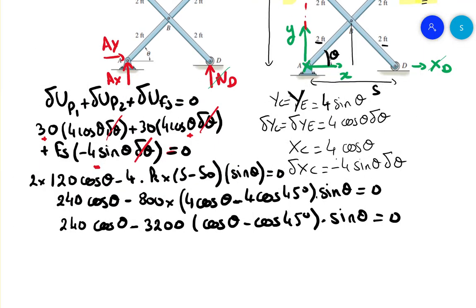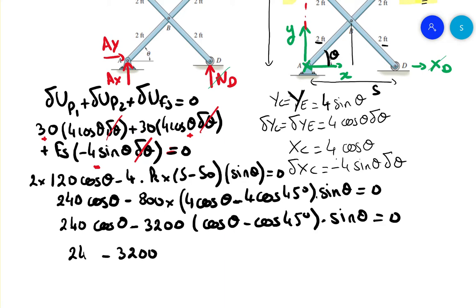How do we solve that? First we can simplify the 240 a little bit. If we want, we can divide everything by cosine theta, but that will not be really easier. If we divide everything by cosine theta, we have 240 minus 3200 (cosine theta minus cosine 45) times tangent theta is equal to 0.